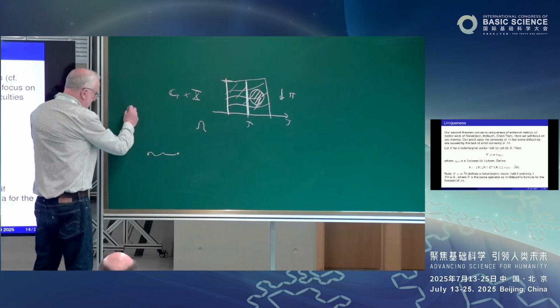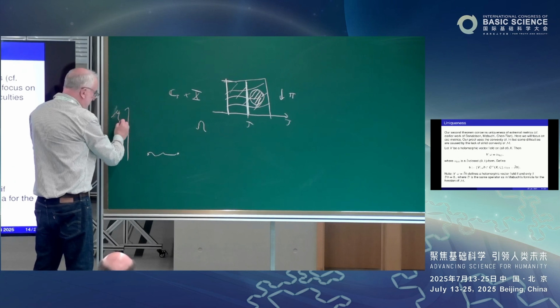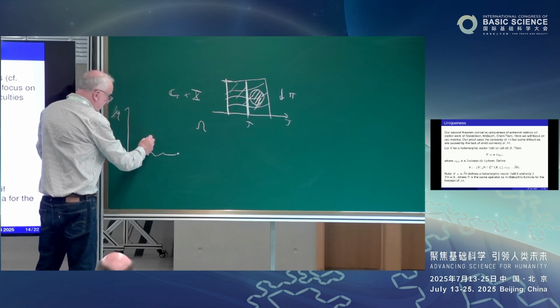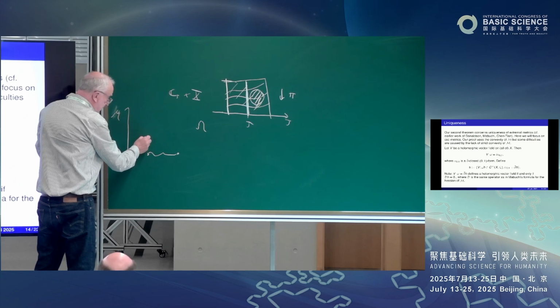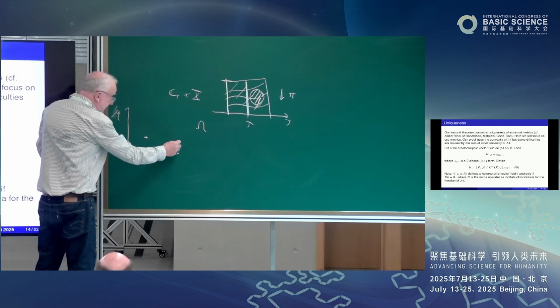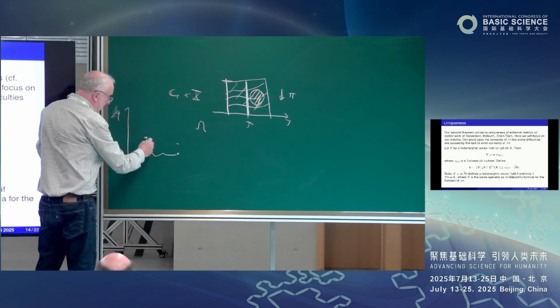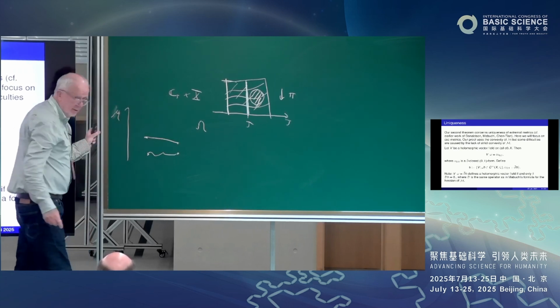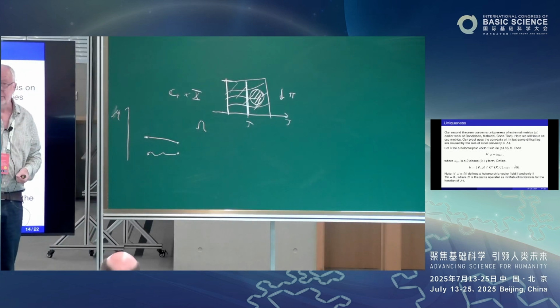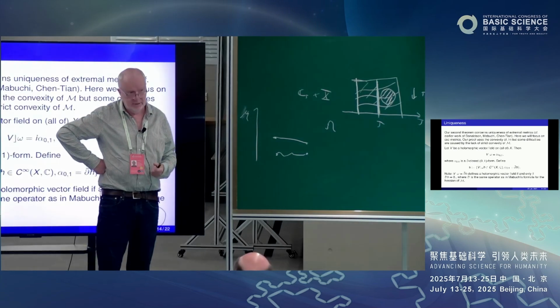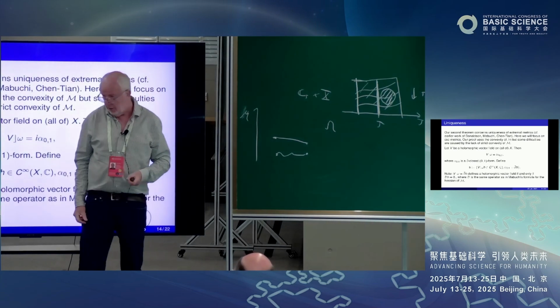Then I look at M here, beautiful M. The Mabuchi K-energy is a convex function, and the derivative is 0 here because it's a CSC metric, and the derivative is 0 there, and so it actually has to be constant because of the convexity. That's the main point of the argument.